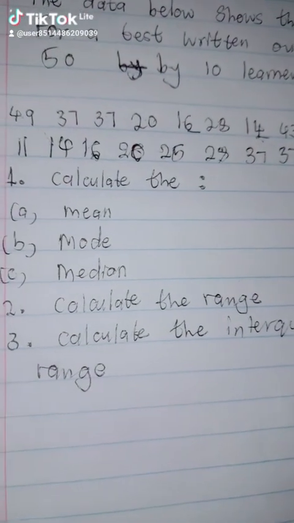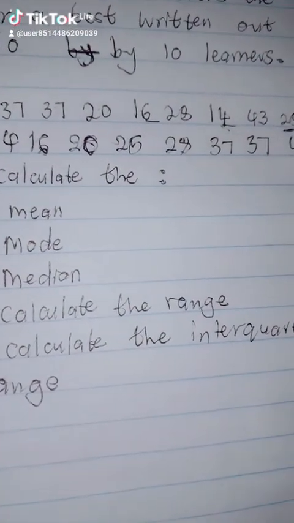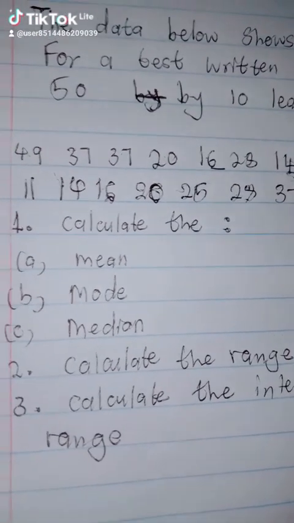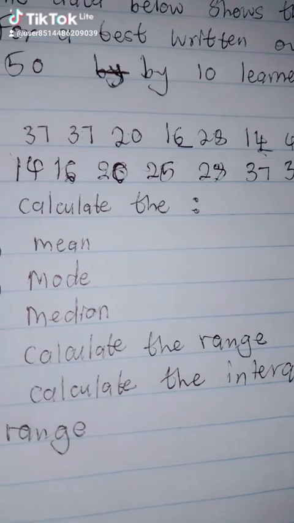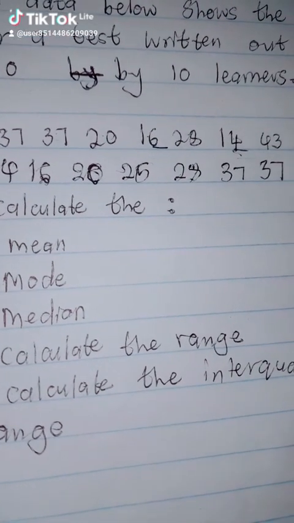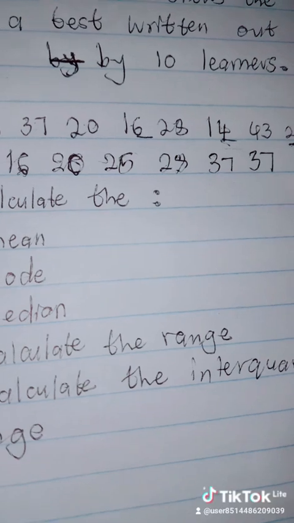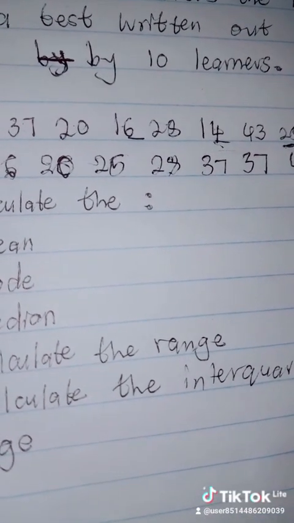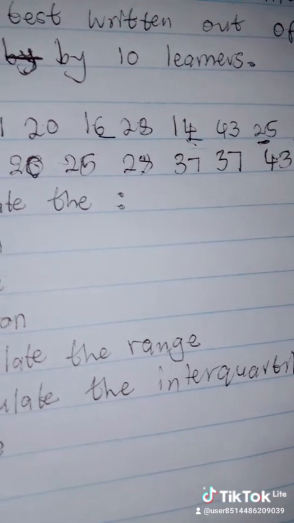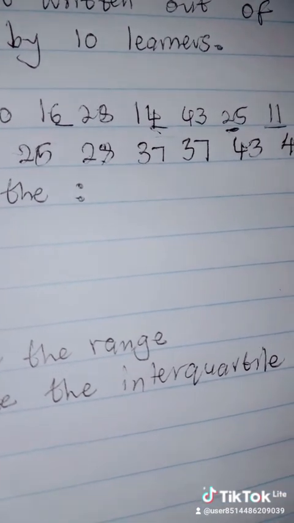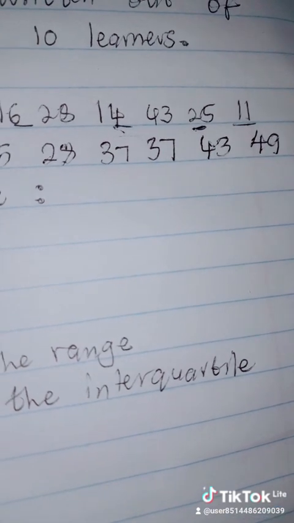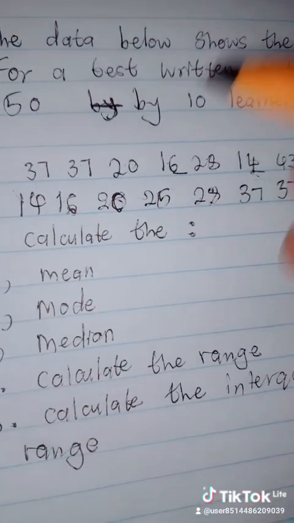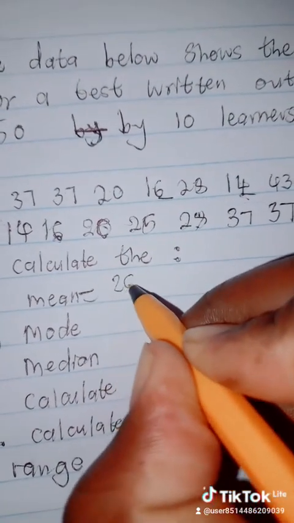Let's add 11 plus 14 plus 20 plus 25 plus 28 plus 37 plus 37 plus 43 plus 49. That will give us 264.